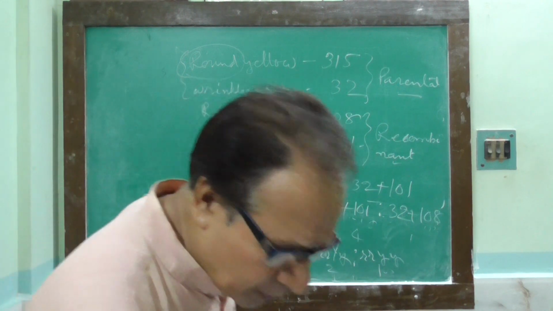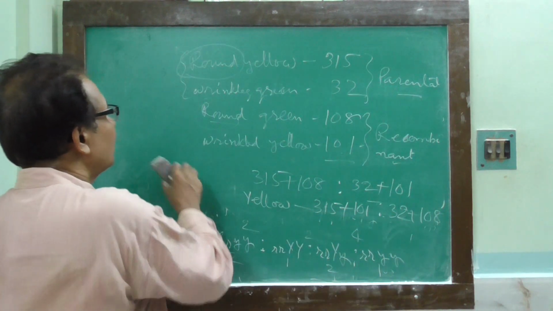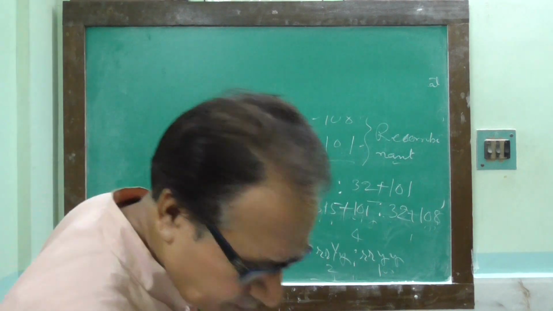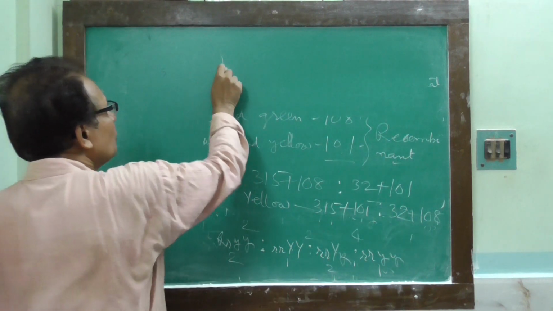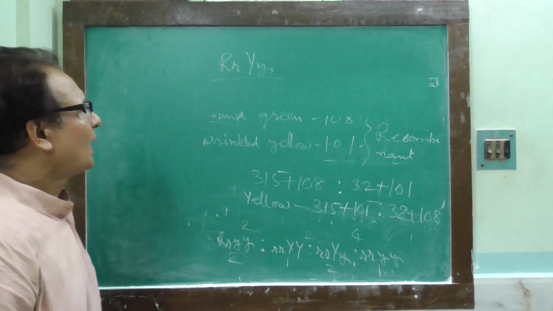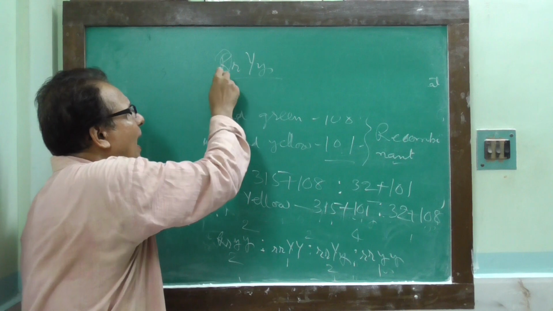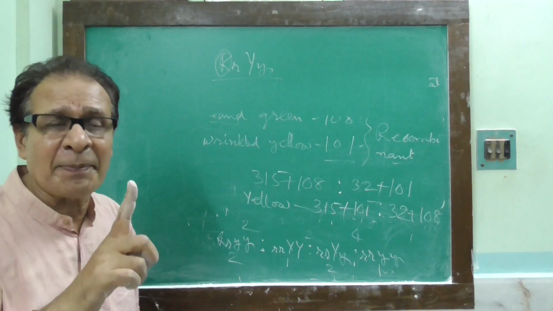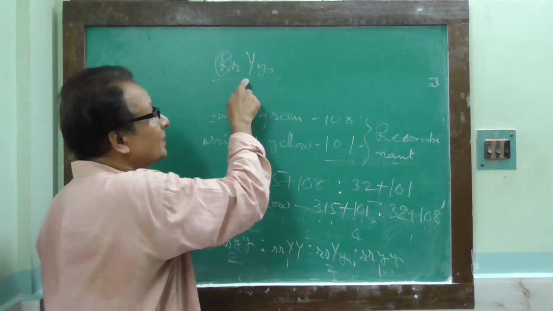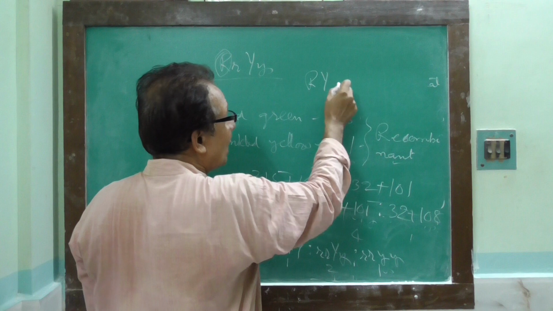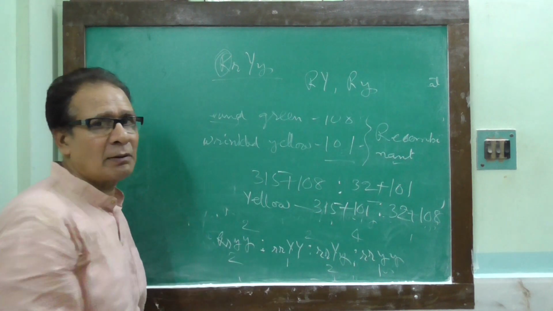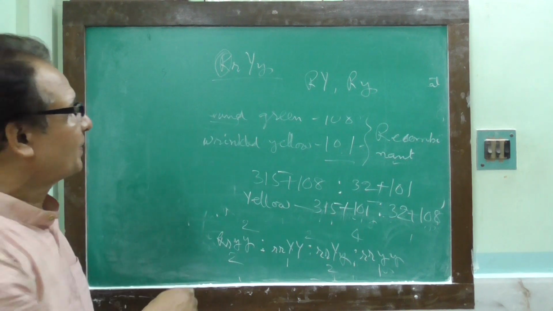And the reason behind this, Mendel said that during gametogenesis, capital R of a pair, that is one factor of a pair, only combines with either capital Y or small y, never with small r. So two types of gamete.